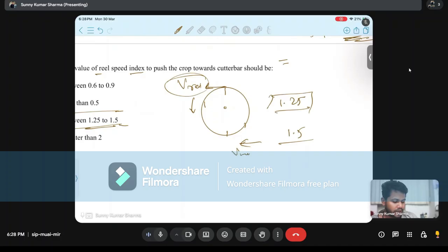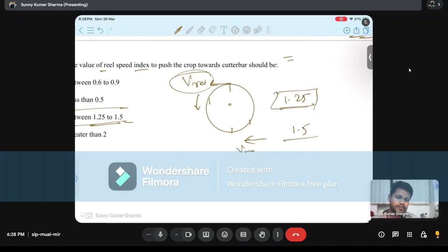If it is lower than 1.25, what will happen? You just think. The crop will wrap around. It will not be able to gather the crop.